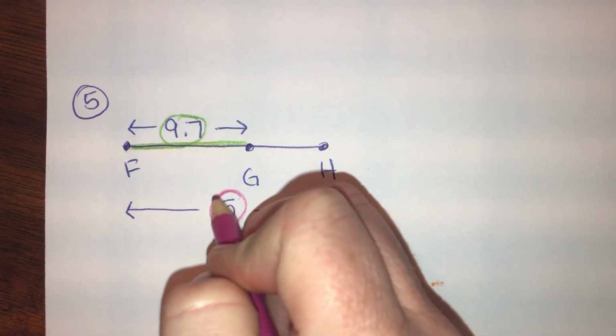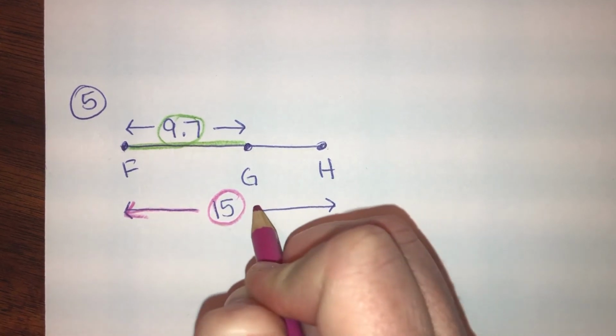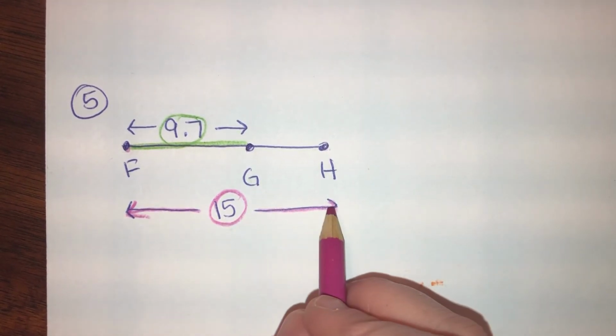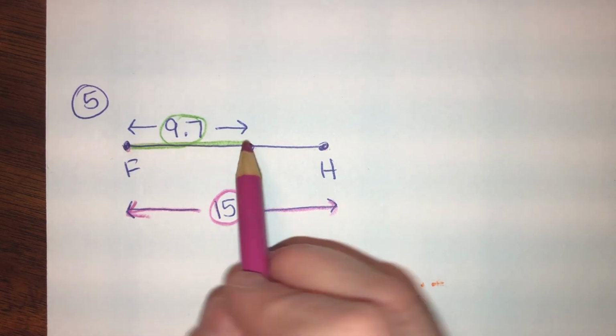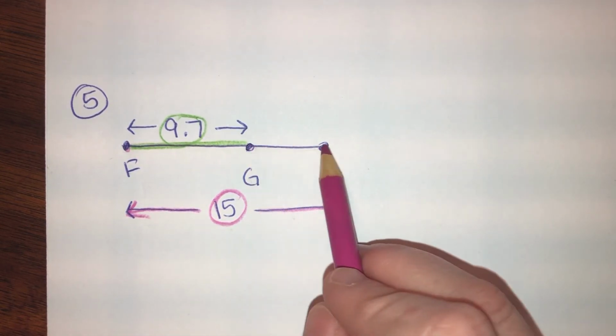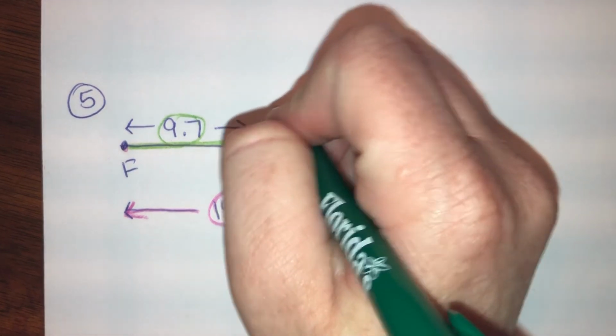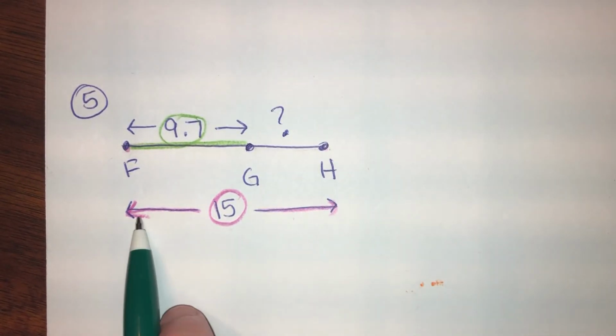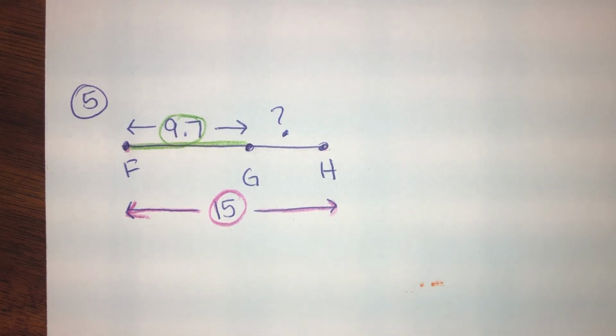So this entire line segment from point F to point H is 15 units. We have this plus whatever this is. We don't know what this is, but the two of those together add up to equal the entire length, right?